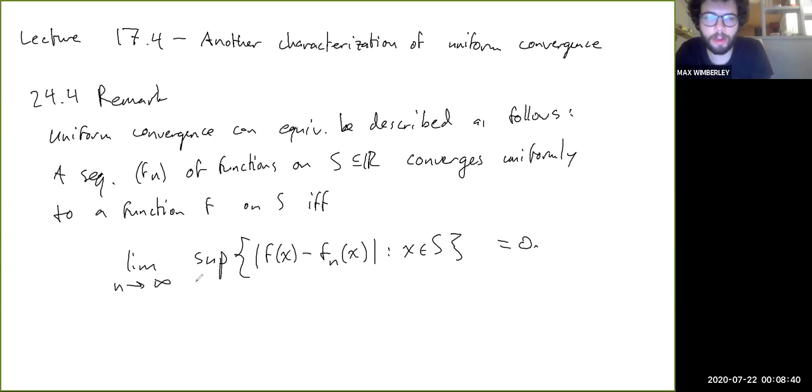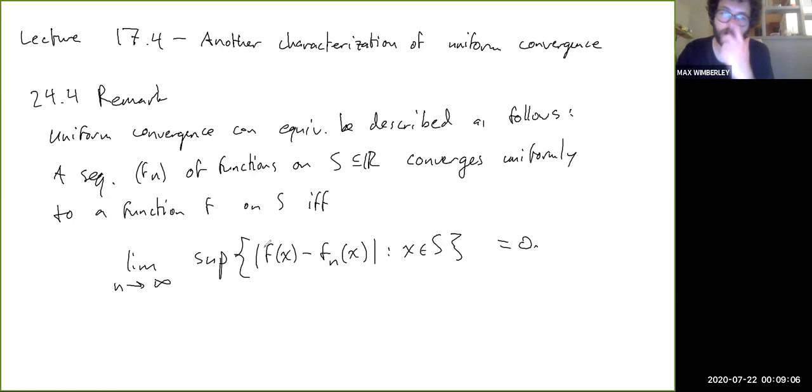And if you just think about this for a bit, this supremum basically quantifies the farthest distance. And this could actually be infinity, because maybe S is all of R, and f of x is some unbounded function, and maybe fn is a bounded function.